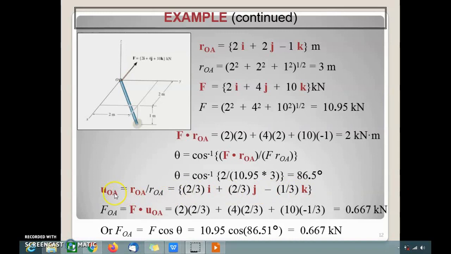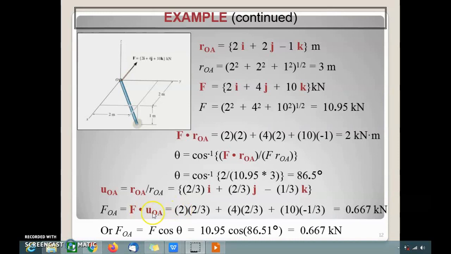Then use this unit vector to perform the dot product with the vector of F. When you do the dot product of F and UOA, you get the scalar magnitude of the force FOA.